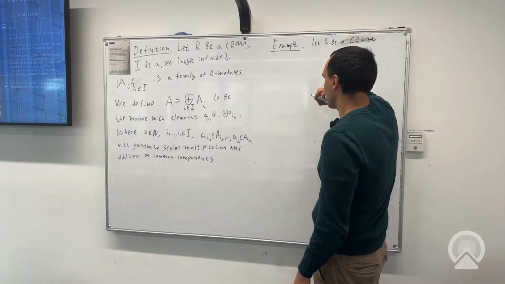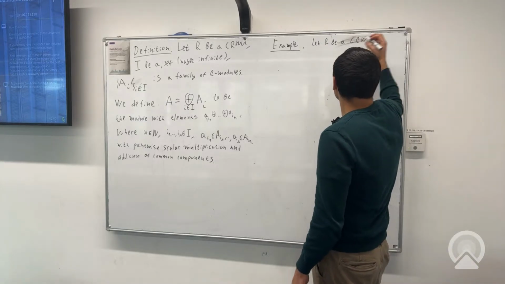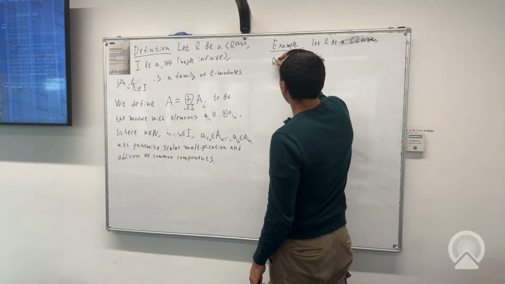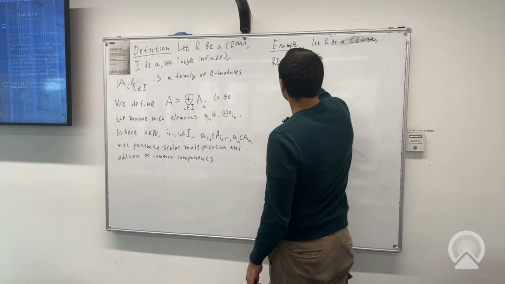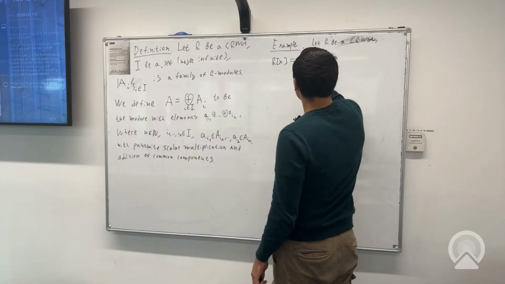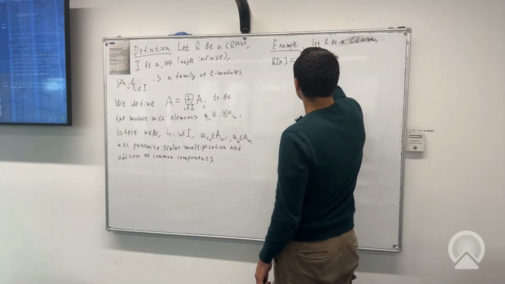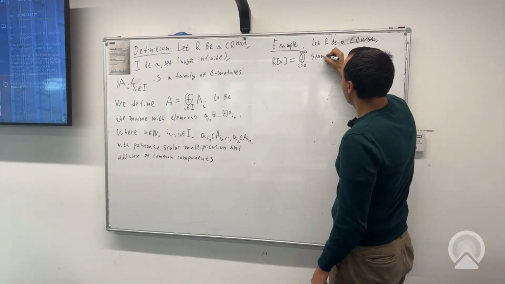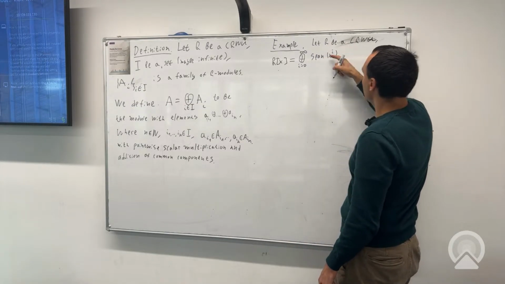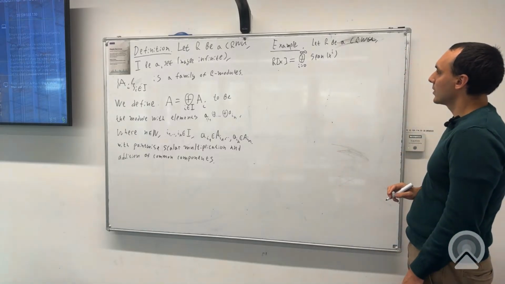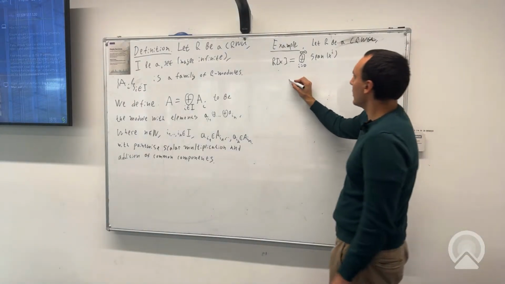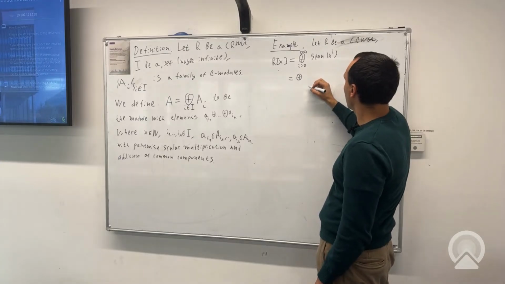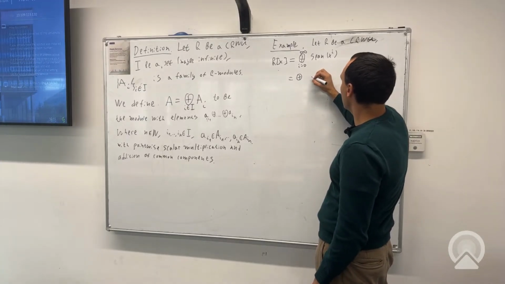And then we have that the set of polynomials is the following direct sum: the direct sum over n from 0 to infinity of the span of x to the n-th power. So this is the direct sum of this kind here.